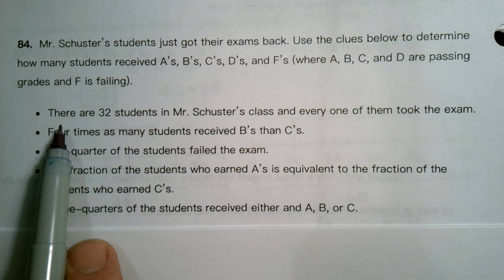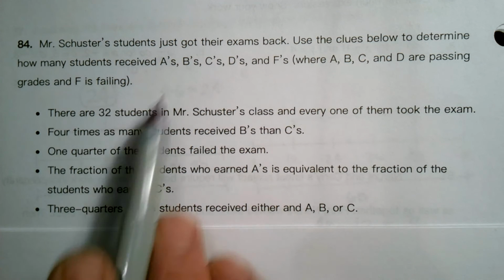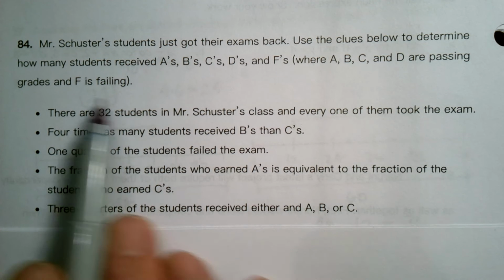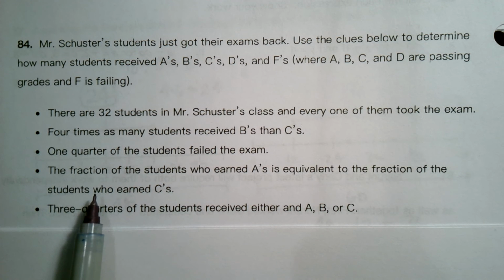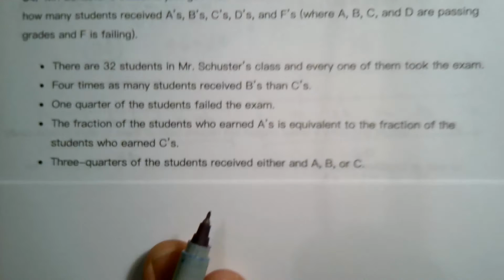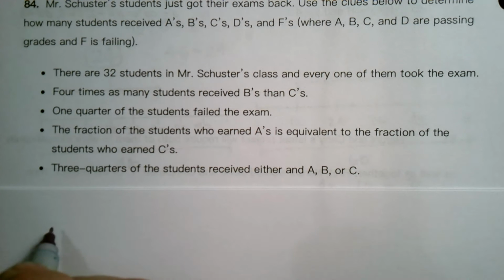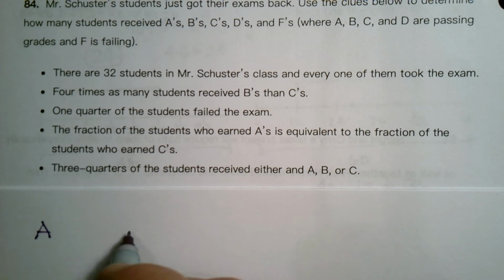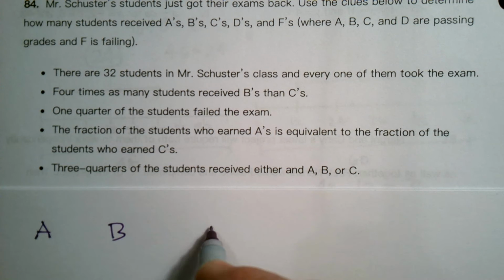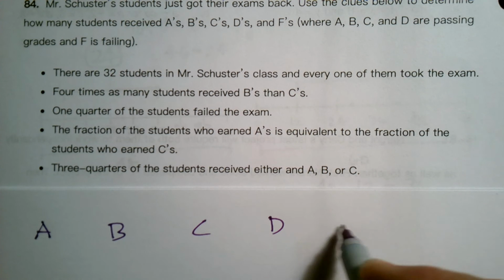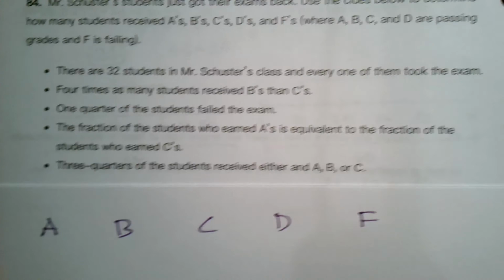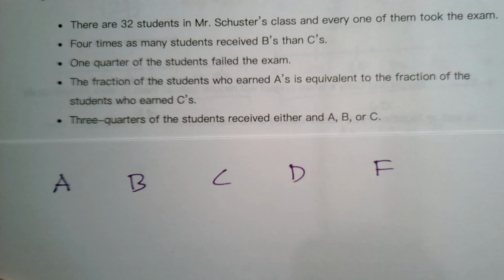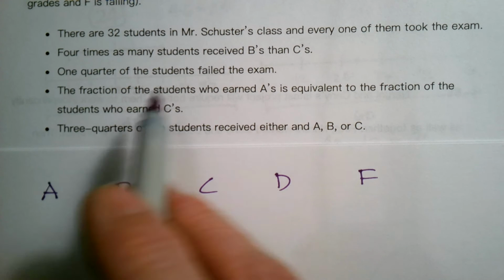So I'm going to first write out what I want to start with, and then use these clues to take notes. I know my goal is to figure out how many A's, B's, C's, and D's there are. I know there's a certain amount of A's, B's, C's, D's, and F's, and it says that 32 students took the exam.